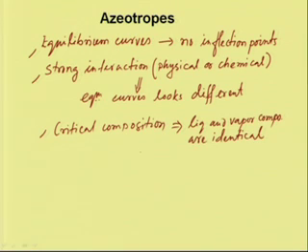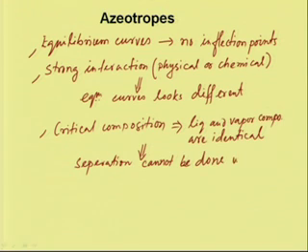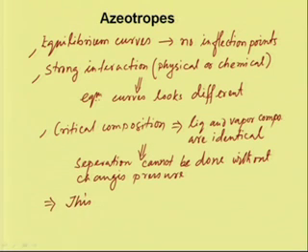In this case, separation cannot be done without changing pressure, and this mixture is known as azeotropes.